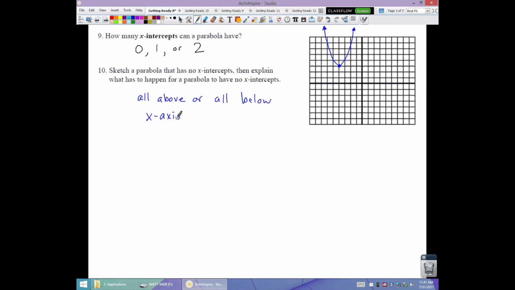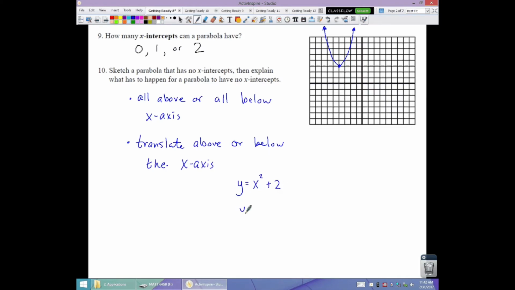But what is it that makes that happen? Well, it's a translation. It needs to translate above or below the x-axis. For example, if we were keeping it simple, we could have y equals x squared plus 2.